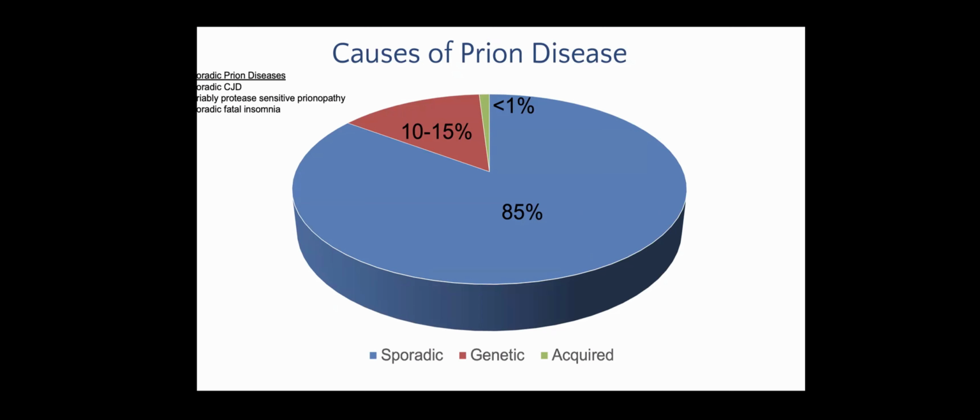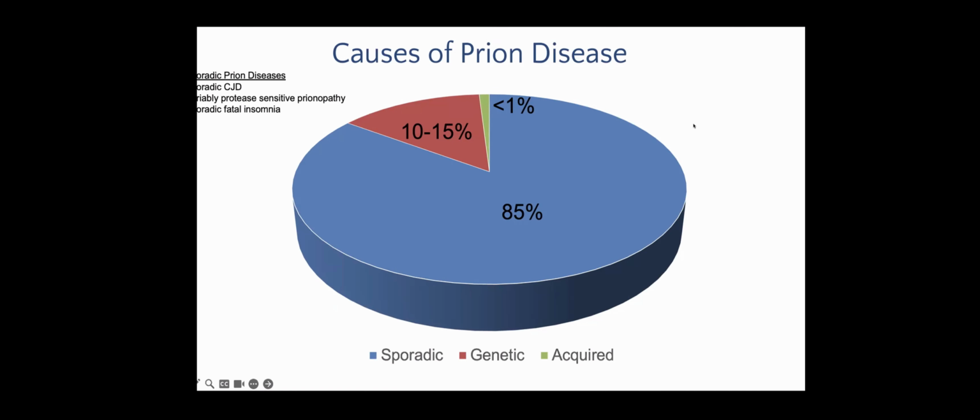But by far the most common prion disease is something that we refer to as sporadic CJD. There's another prion disease called variably protease-sensitive prionopathy, and a third one called sporadic fatal insomnia. They have different names simply because they look different clinically and they look different underneath a microscope. But they're all the same thing. They're all sporadic prion disease.